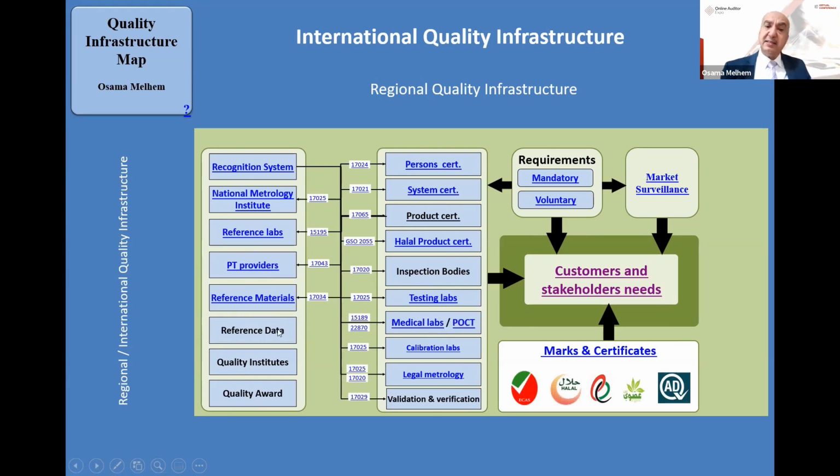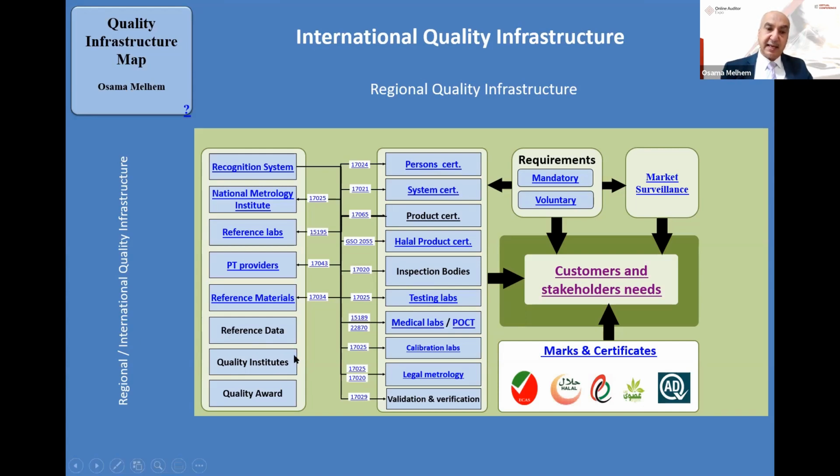Of course, in some cases we also need a reference data body, for example, if we want to know what is the local gravity in this area in the country, or what is the caloric value of the gas here.